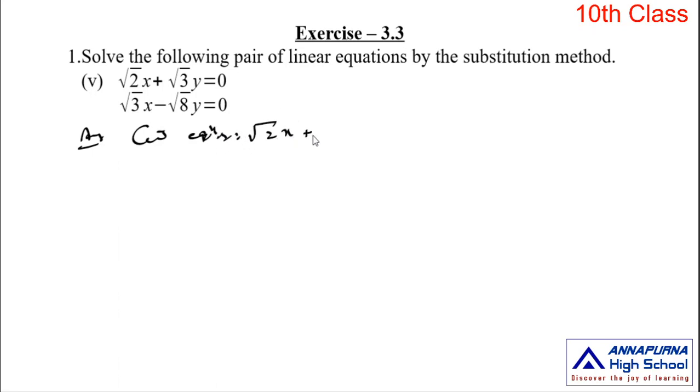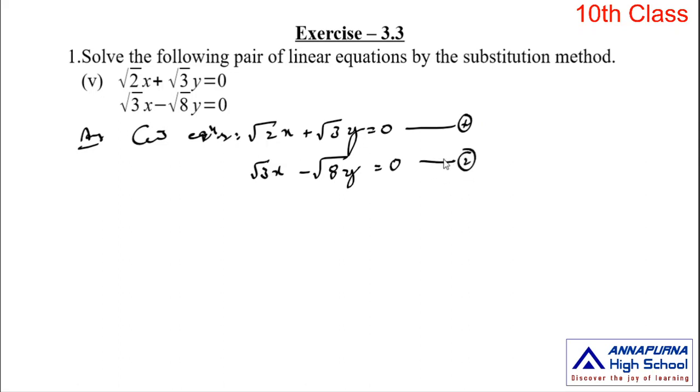Root 2x plus root 3y is equal to 0, and root 3x minus root 8y is equal to 0. When you observe these two equations, the coefficients are irrational numbers, so be careful on that. You follow the same steps. This is equation 1 and this is equation 2.